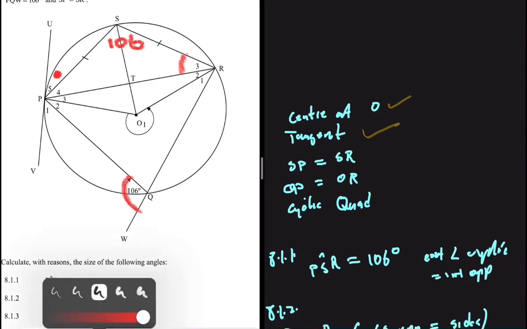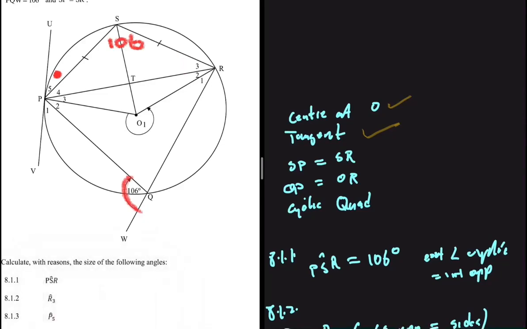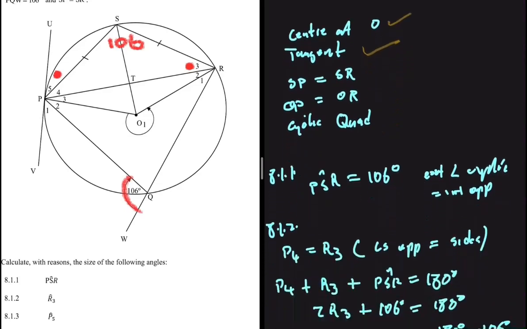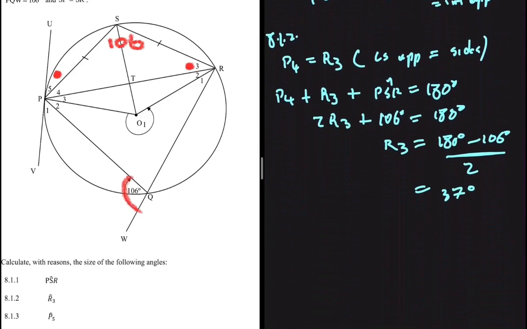So angle P5 should be equal to angle R3. That is the tan chord theorem. The angle between the tangent and the chord should be equal to the angle subtended by that chord on the circumference of the circle.